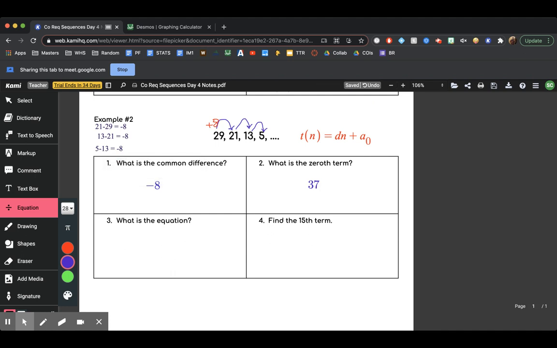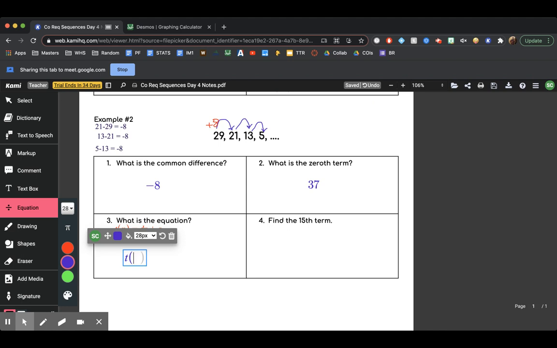Now that completes the second question, and we are able to move on to question number 3. What is the equation? So now we can use this formula to help us with that. Instead of the placeholders, we're going to replace them with our common difference and our 0th term.